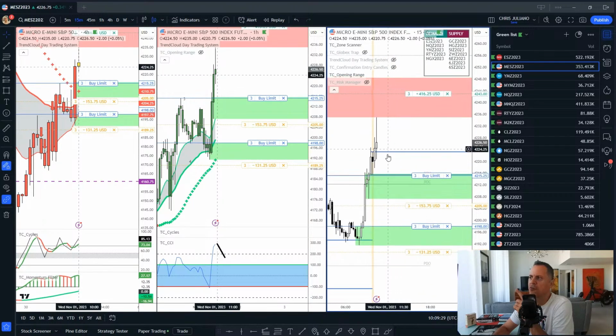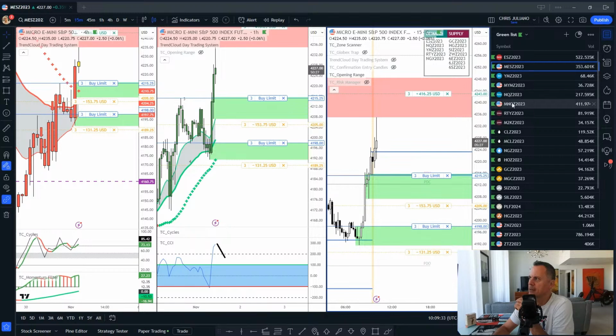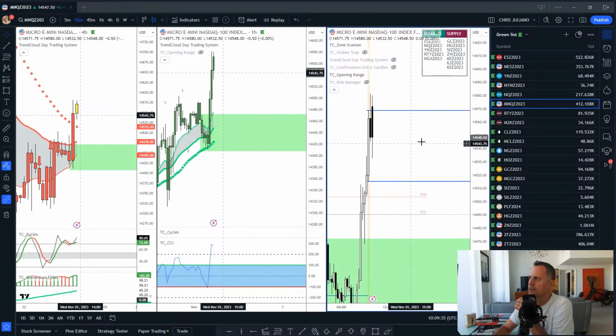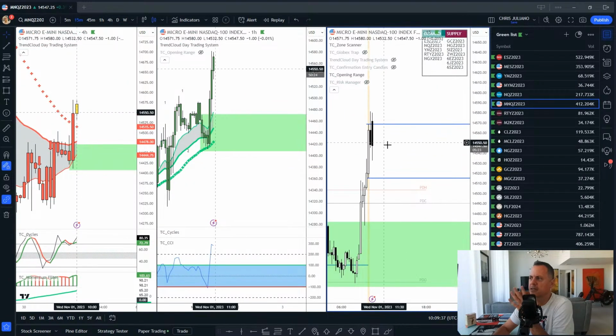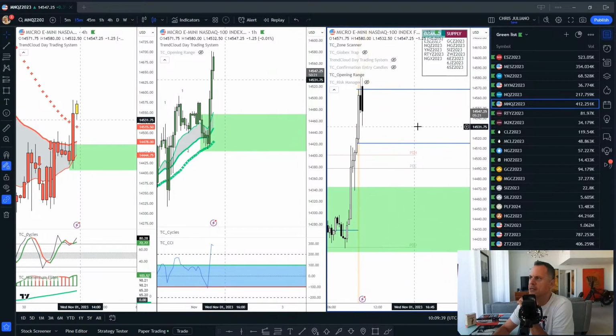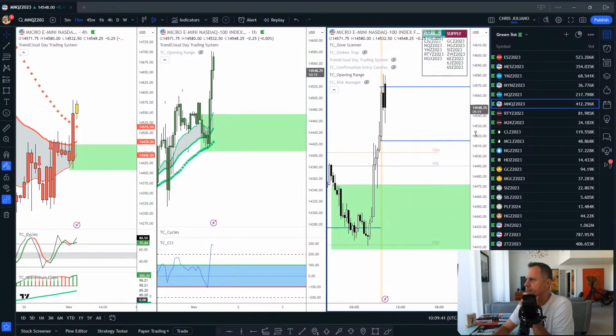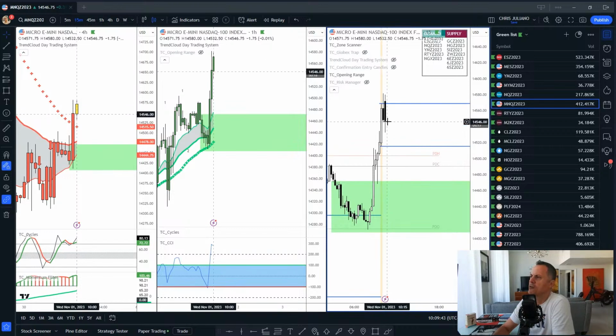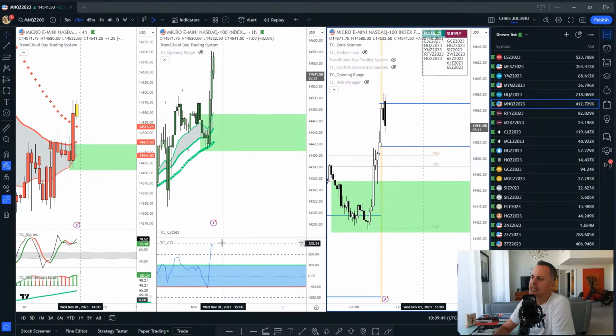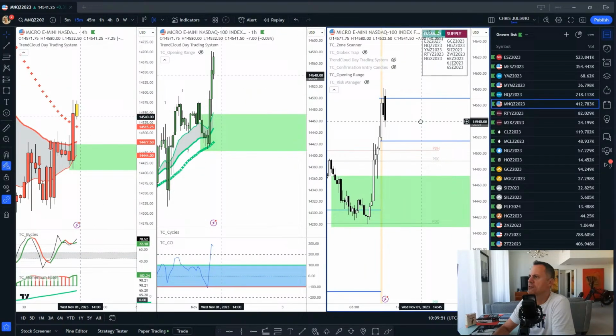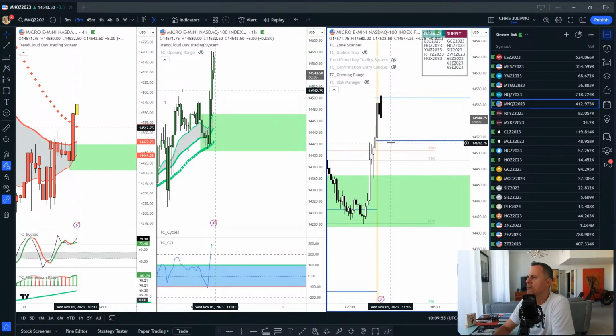So we're looking for the retest on the S&P, but on the NASDAQ is more of a bear trap, is it not? So this might pull back into here, but again, lot of force to the upside there. We're pulling down. Where's this going to go?